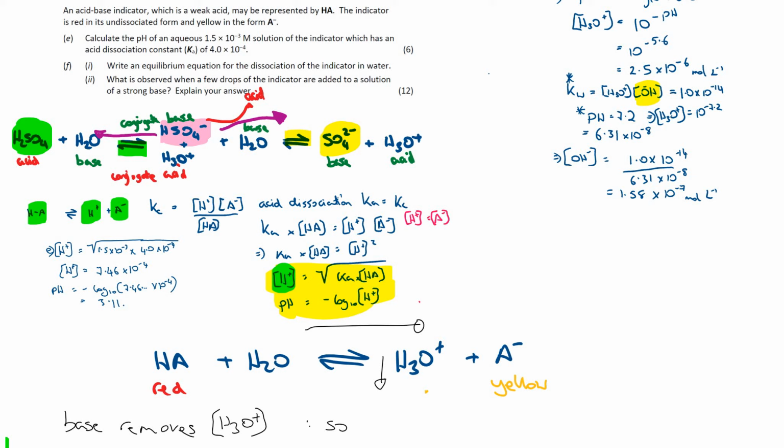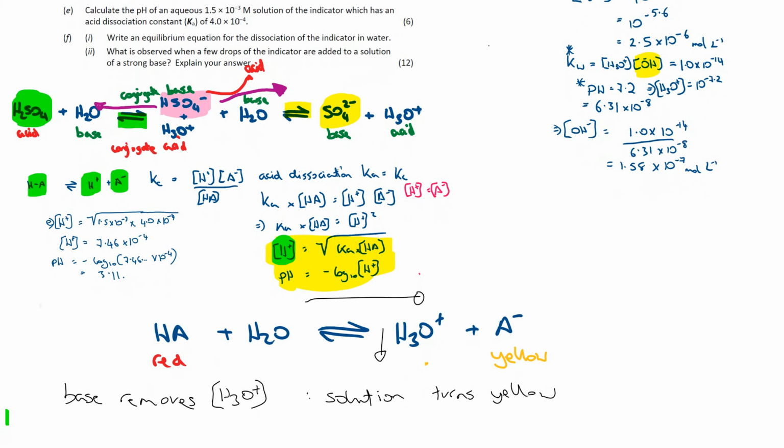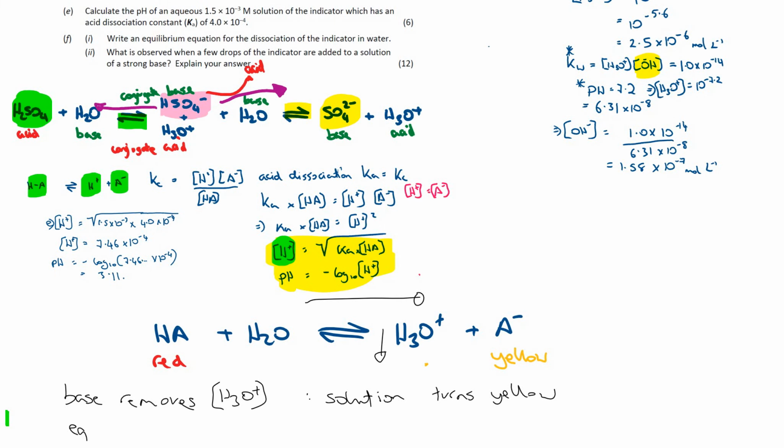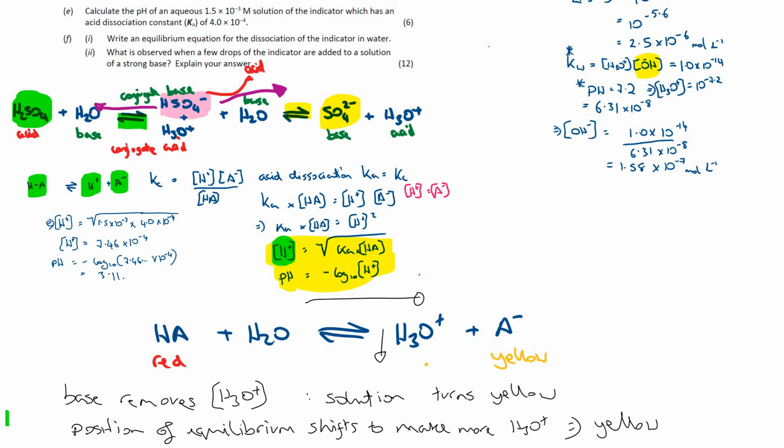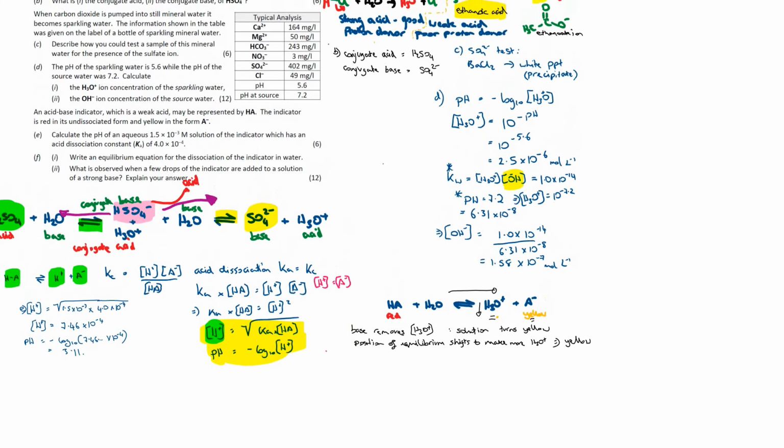So the solution turns yellow, becomes more yellow, because H3O plus ions are removed and the equilibrium shifts to make more. So the position of equilibrium shifts, and we see a yellow color, because if more H3O plus is being formed, we form more of A minus. And that question is done.